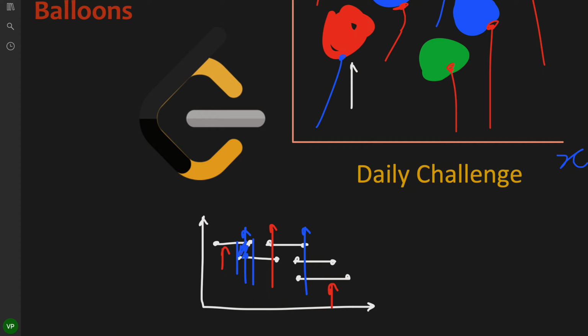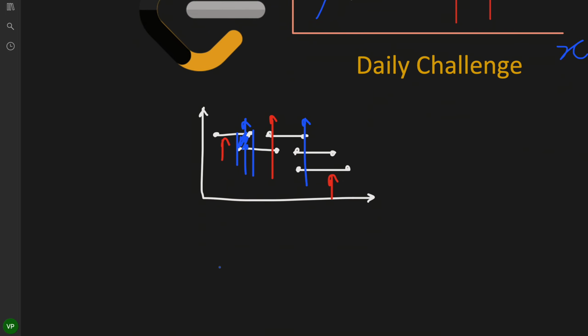So whenever we get an area that is overlapping with some balloon, we should shoot an arrow there and not wait. So what we can do in this problem is first sort, then traverse the array and find the overlapping regions, all the balloons that are in a particular overlapping region, and shoot an arrow there.